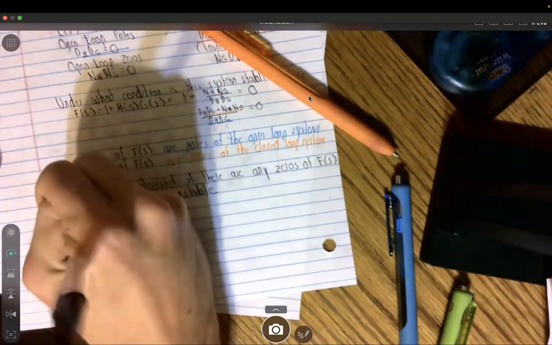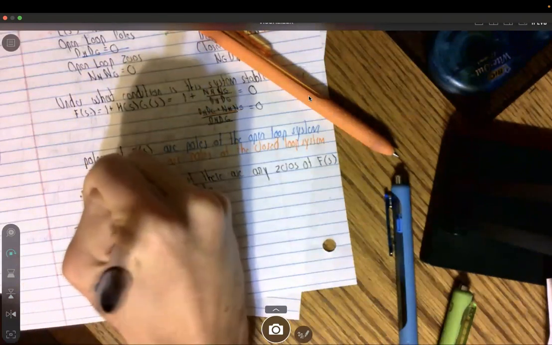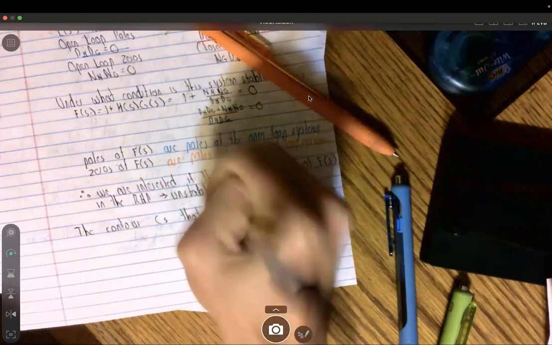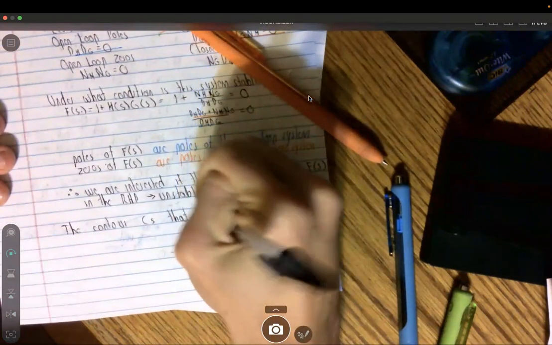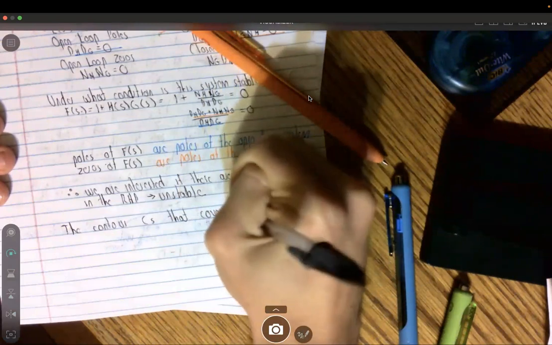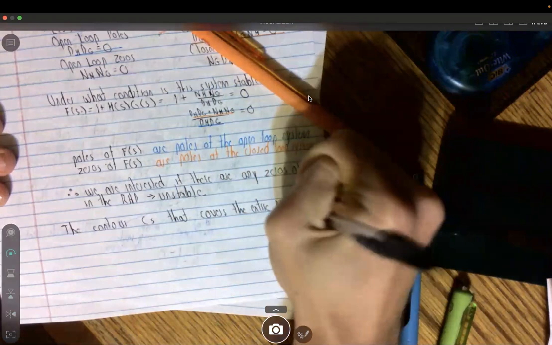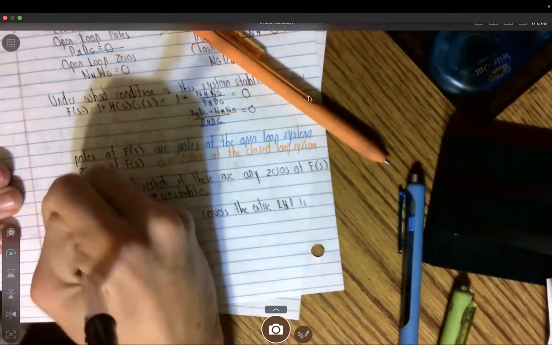So the contour that we call C of S, that covers that entire right-hand plane, is called the Nyquist contour.